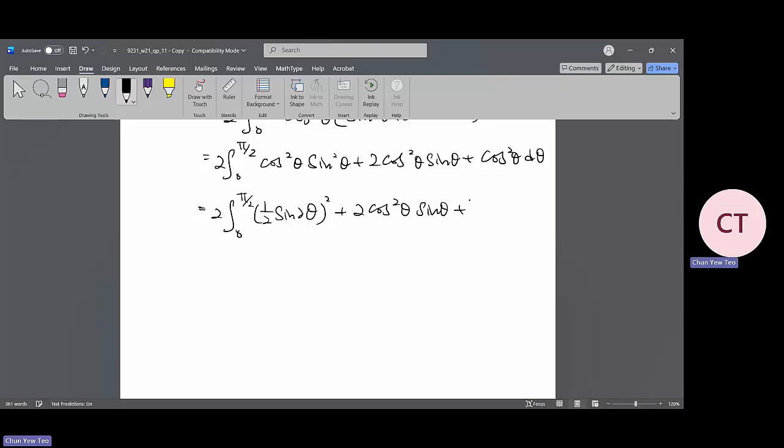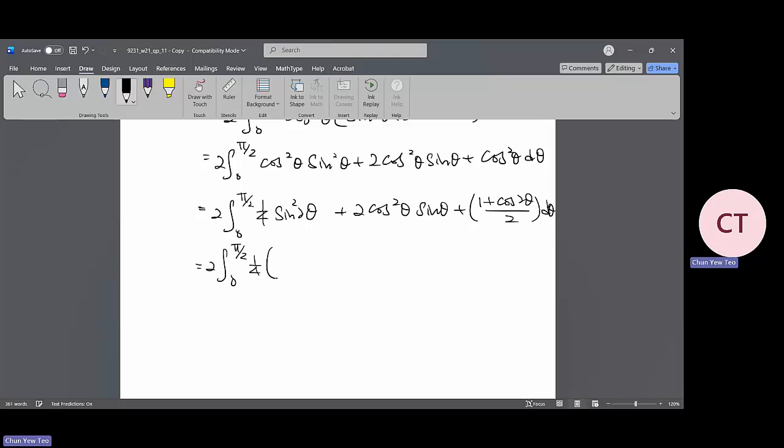This one, we also use a double angle formula. You make it become 1 plus cos 2 theta over 2. So to save my space, I will write this one as 1 over 4 sine square 2 theta. Okay. So continue.